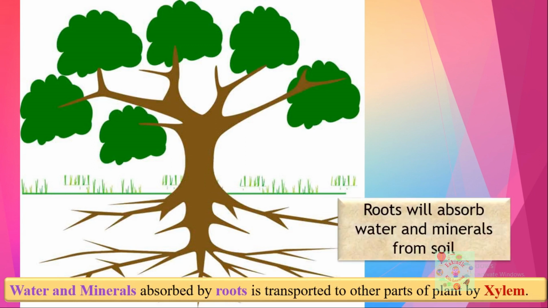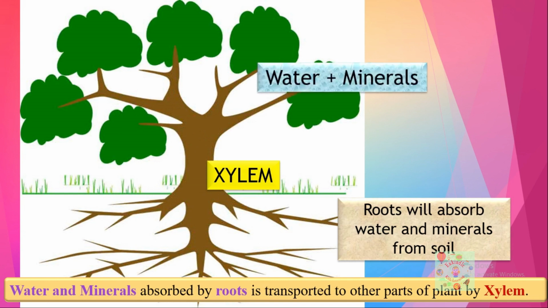We all know roots absorb water and minerals from soil, and this water and minerals from the soil are carried to all the parts of the plant through this special tube present in the stem, which is called xylem. Hence, the water and minerals are transported from the roots to the other parts of the plant.